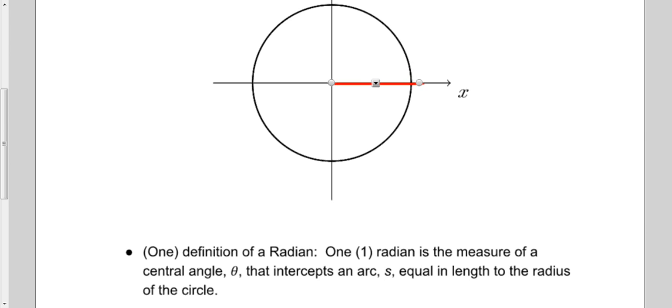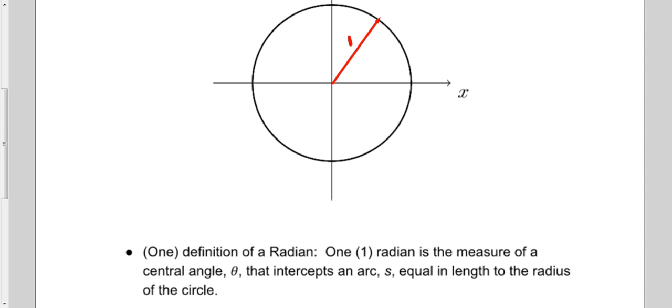Okay, so I got a ray right here, and I do an angle, let's say about there. Now, it's a unit circle, so what's my radius measure? 1. Why do I choose 1 for my radius measure? Makes my math easy.